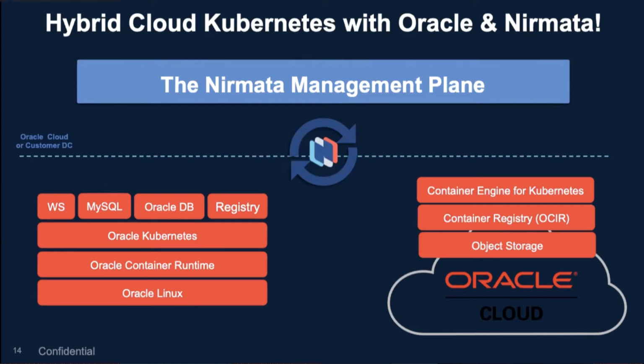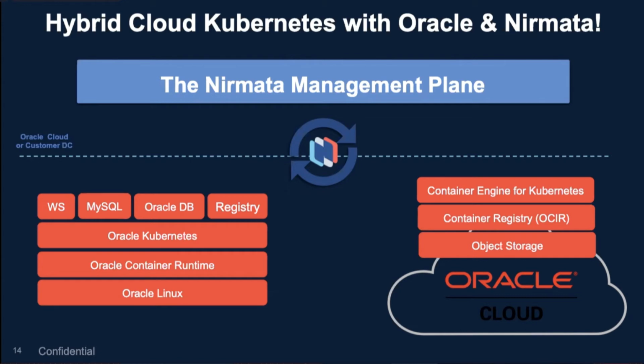So in terms of how Nirmata works with Oracle, there's two aspects to this. Nirmata is a management plane, like I mentioned earlier. It's pretty much infrastructure agnostic. We integrate with different flavors of Kubernetes. So with Oracle, we have integration with the container engine for Kubernetes that's on the Oracle Cloud, as well as the container registry and the object storage for backups for your cluster.